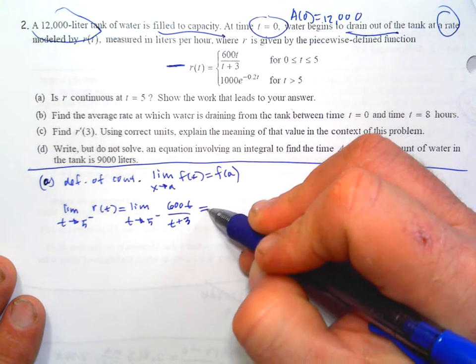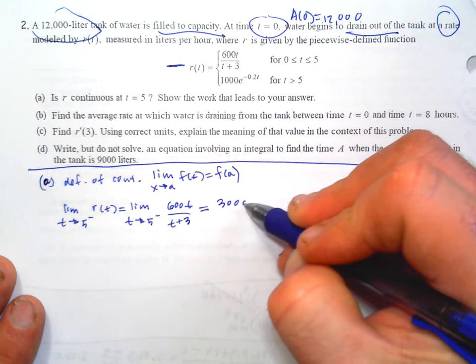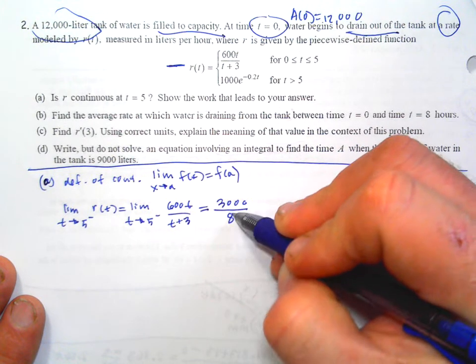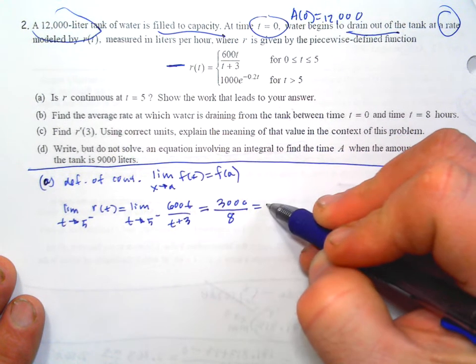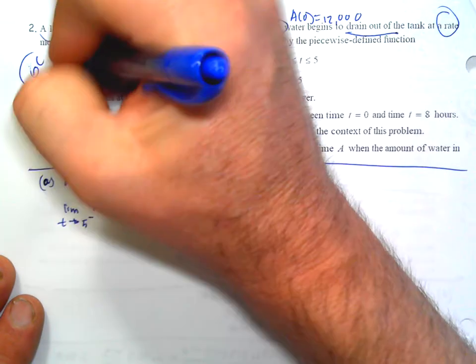And so what we get is we get 5 in there, so that's 3,000 over 8, which is 375. Now, by the way, this is a graphing calculator problem also.